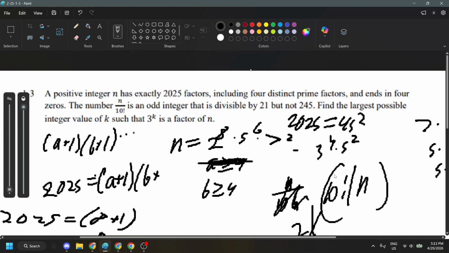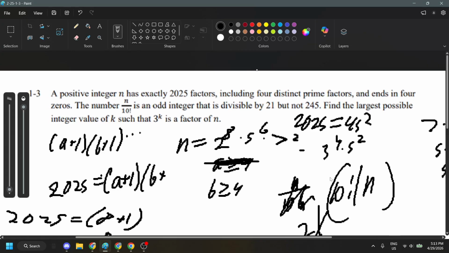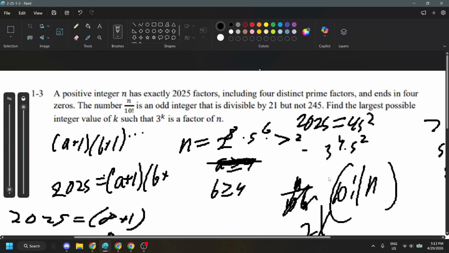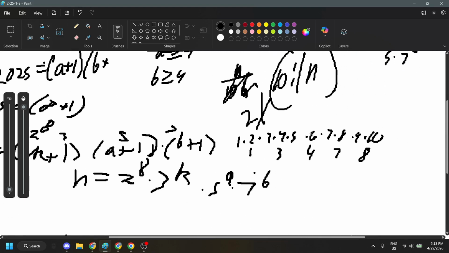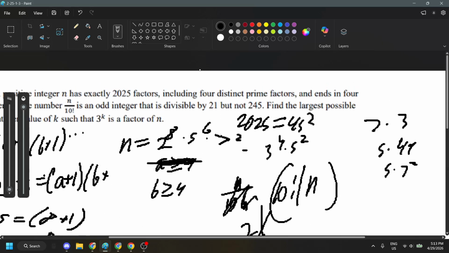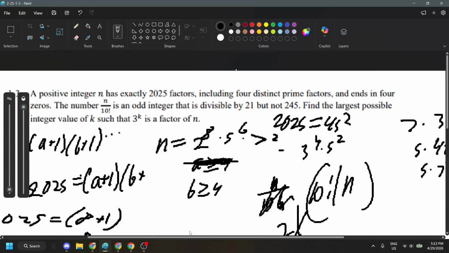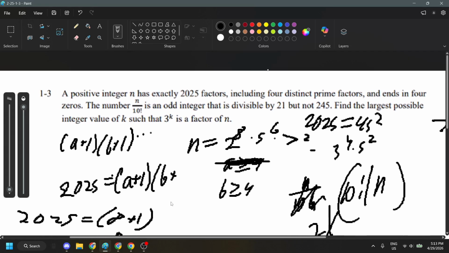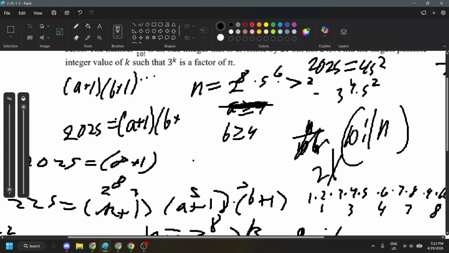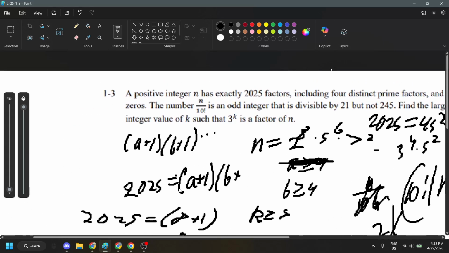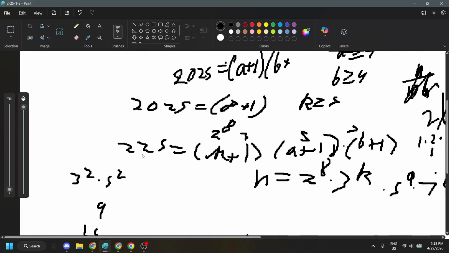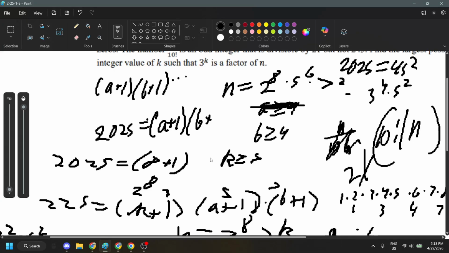If it's divisible by 21 but not by 245, so if it has one factor here, k is greater than or equal to 5.